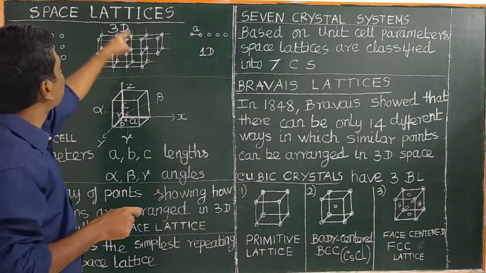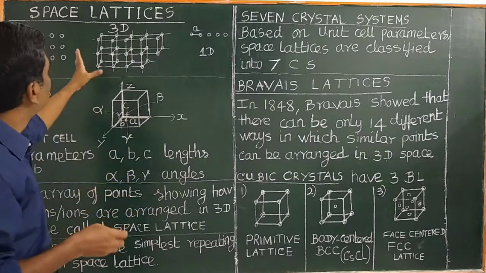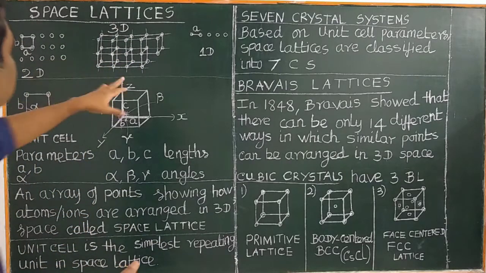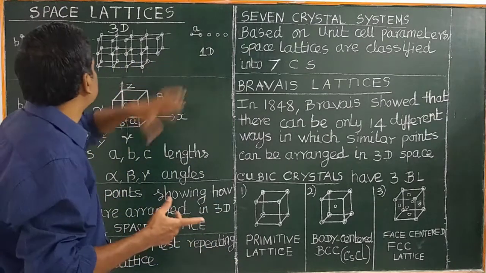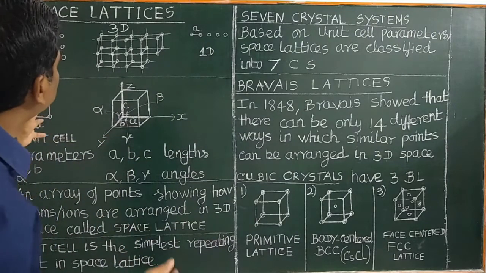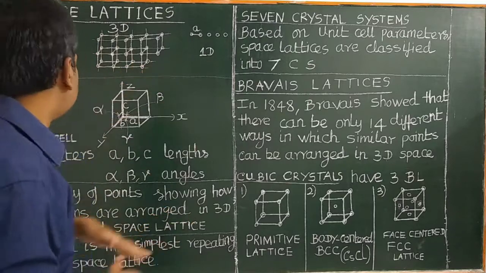Whereas in three-dimensional space, you have an array of points showing how the atoms, molecules, or ions are arranged in three-dimensional space. Then it is called a three-dimensional space lattice.